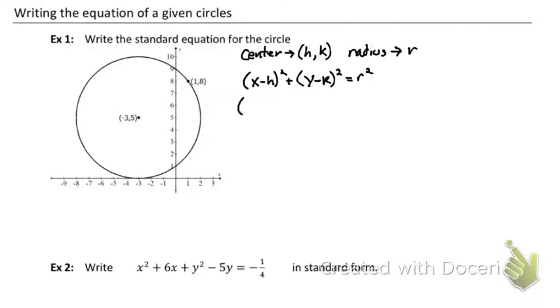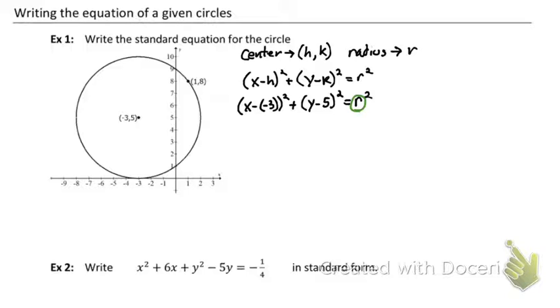Notice we have -3 for our x value, so our h is actually -3. So we have (x minus -3) squared plus (y minus 5) squared. We still don't know our radius, so let's just leave that as r squared.